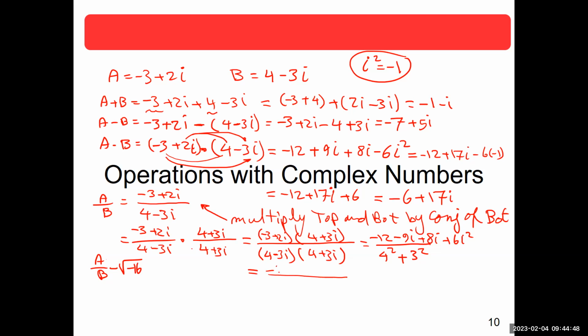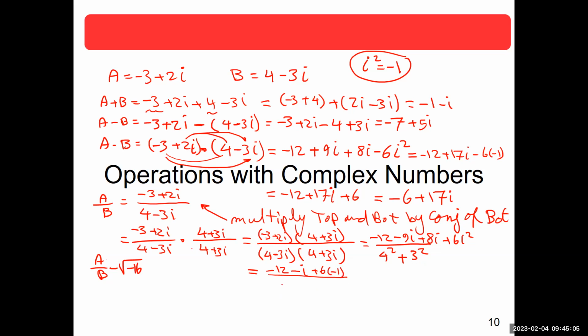Negative 12, 8i and negative 9i, we get negative 1i. Now we have a plus 6 times negative 1, because i squared is negative 1.